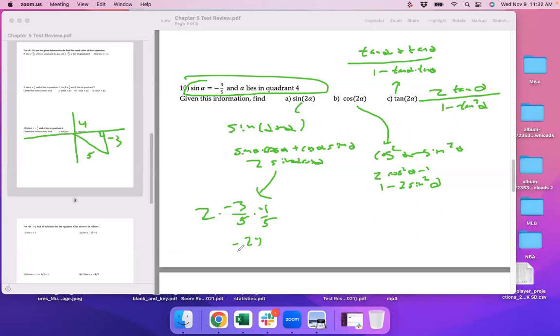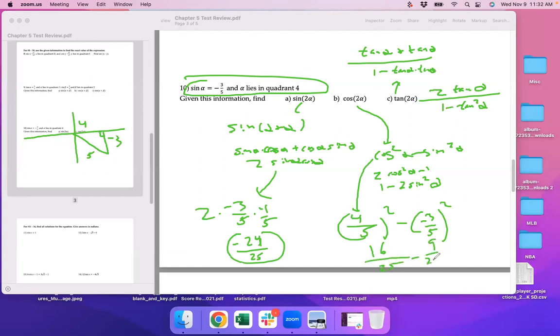So you get -24 over 25. Here, if you do the first form of that, you get 4/5 squared minus -3/5 squared. 16 over 25 minus 9 over 25, you get 7 out of 25.